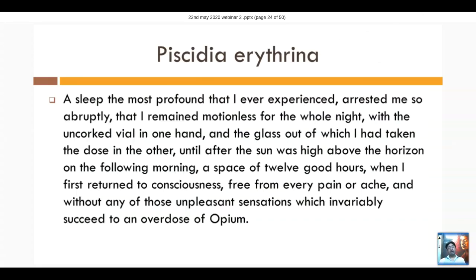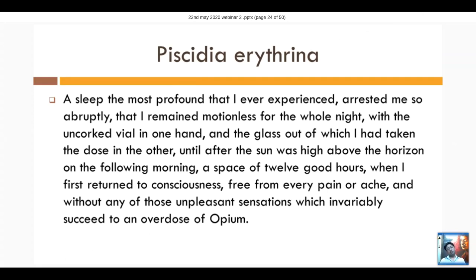Now see, in the last case, we saw that it was not sleep overpowering, it was just dozing like this. Whenever he is relaxed, he is dozing, he feels sleepy. So the remedy must have exactly the same symptom. It should not be sleep overpowering, it should be dozing. Now in this case, the sleep is profound.